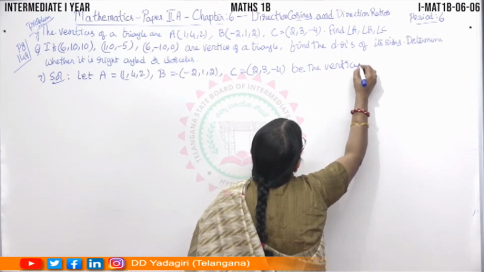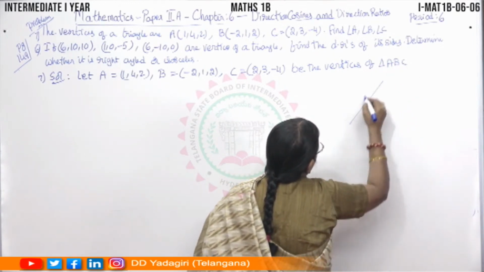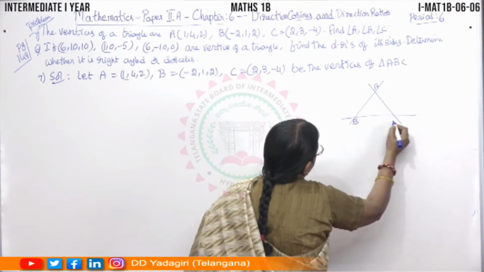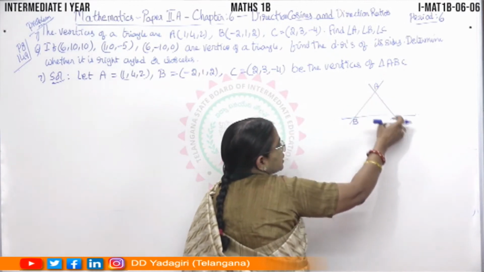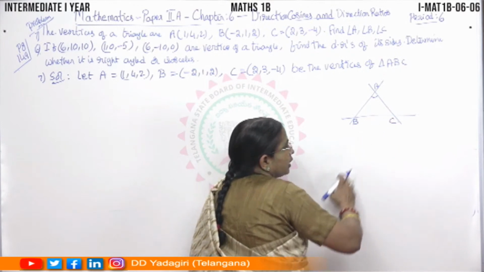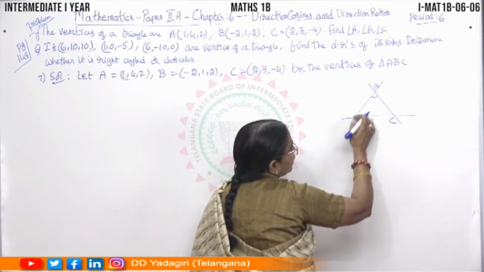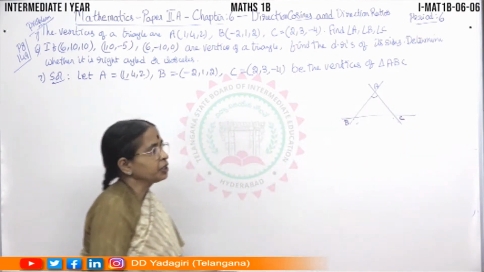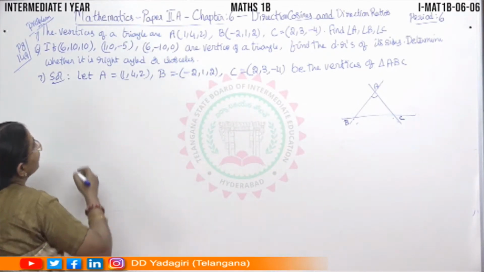Now you must find the angles A, B and C. A is the angle between the sides AB and AC. So we'll take AB direction ratios, AC direction ratios and then apply that formula.